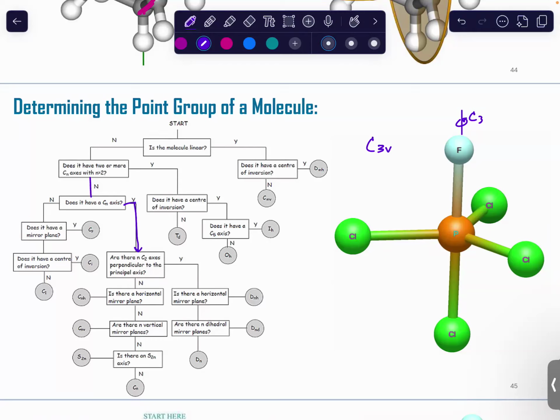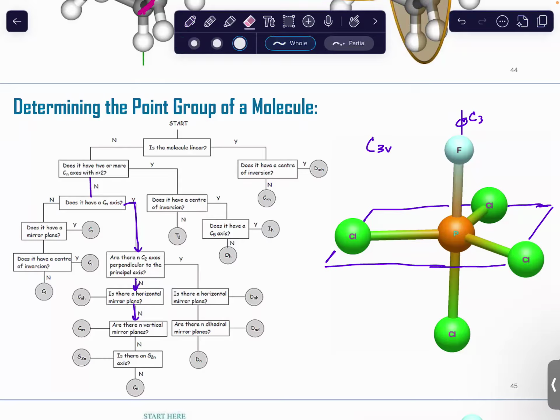I could try a C2 axis along any of the radial chlorines, but that's just going to put the chlorine up and the fluorine down. It's not the same, so that's a no. Are there horizontal mirror planes? The horizontal has to be perpendicular to the principal axis, and it's not going to work. So that's a no.